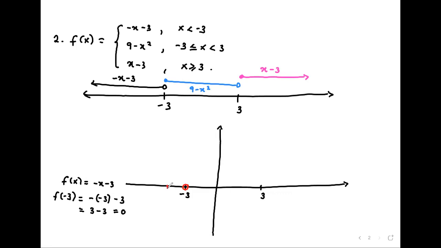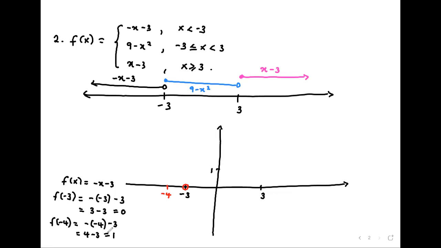Then you pick a number like -4. So what is f of -4? F of -4 is equal to 4 minus 3, which is equal to 1.